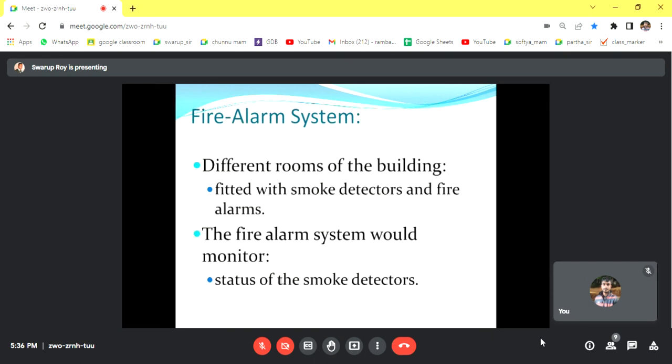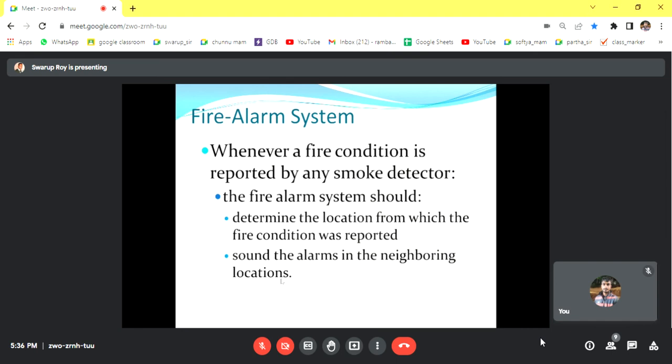Different rooms of the building are fitted with smoke detectors or fire alarms. The fire alarm system will monitor these smoke detectors. Whenever a fire breaks out, the smoke detector will send that information to the centralized fire alarm system.